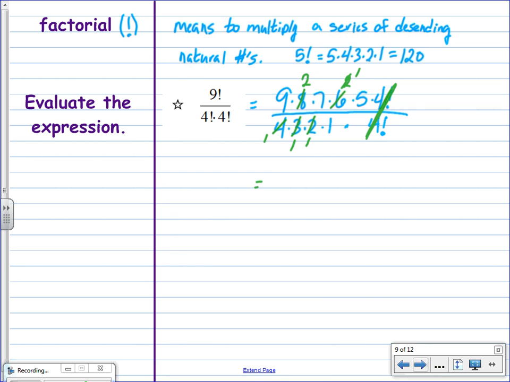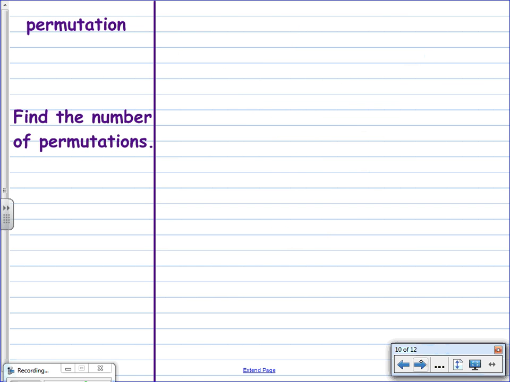We've got 9 times 2 times 7 times 1 times 5. So 7 times 9 is 63, times 10 would equal 630. So that would be my answer. Okay? Very simple. Go ahead and work that out. And then we're going to go on and define a few more things here.